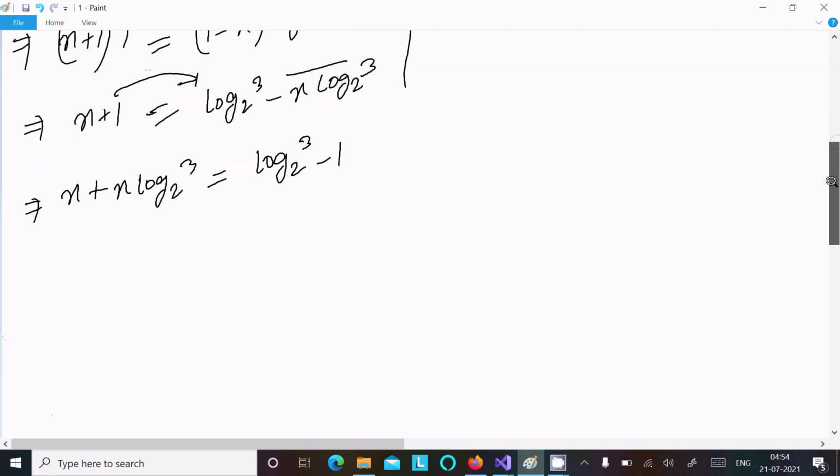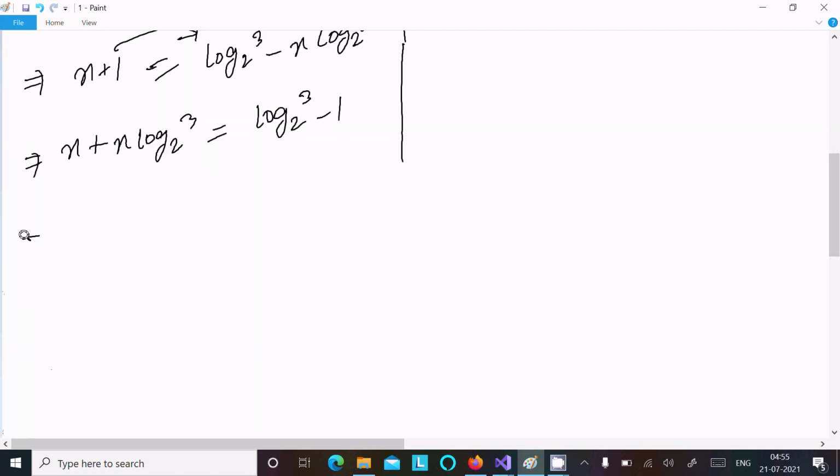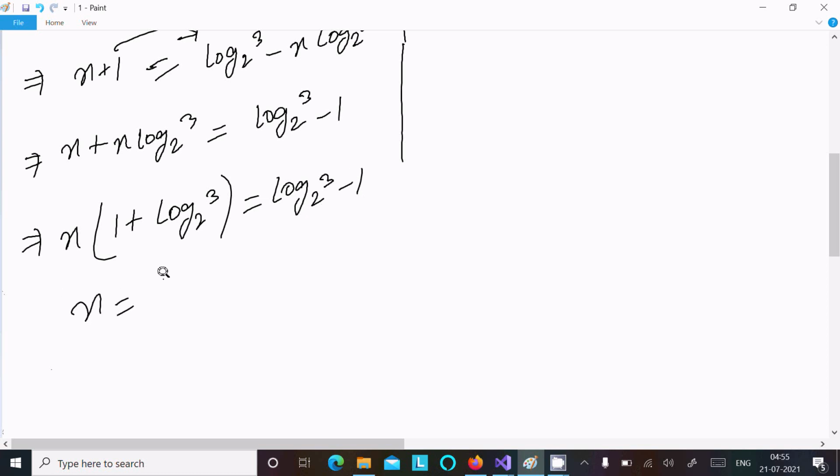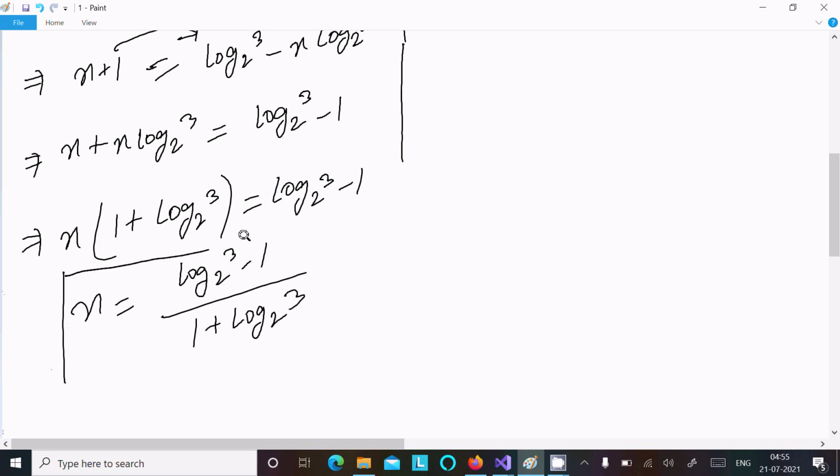After that, let's take x common: x(1 plus log base 2 of 3) equal to log base 2 of 3 minus 1. So x equals (log base 2 of 3 minus 1) divided by (1 plus log base 2 of 3). This is our final answer of this question.